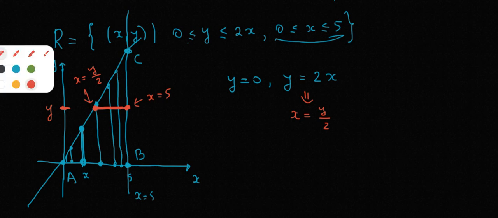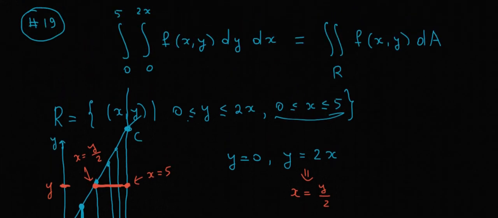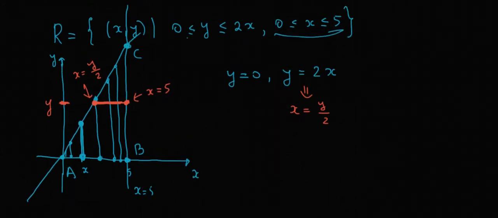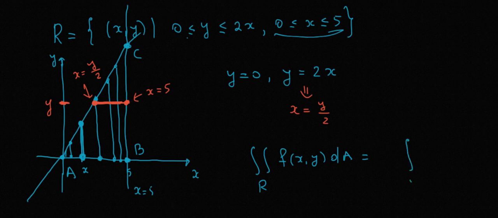So the double integral of our function f of x y over the triangle R can be calculated by the iterated integral where the first integration is over x from y over 2 to 5.